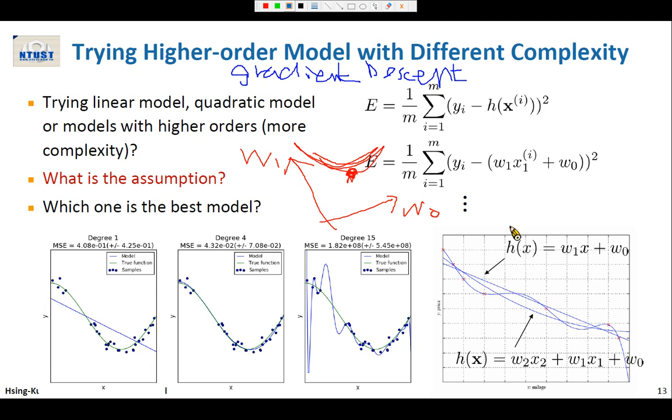What I need to write down is more than just a few words, so I cannot write in that way. Let's say we have x1, and the function is like this.